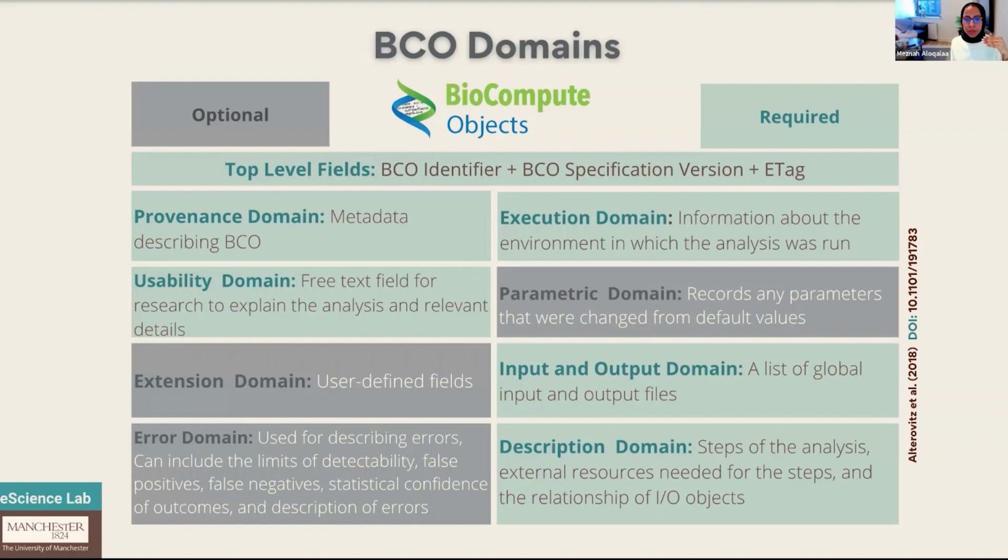Then there are the others, which are the execution, parameter, input and error domains. They go within the workflow implementation itself, so they are usually platform dependent. Then there is an extension domain to include any extra description of the workflow that is not described by the BioCompute description itself.